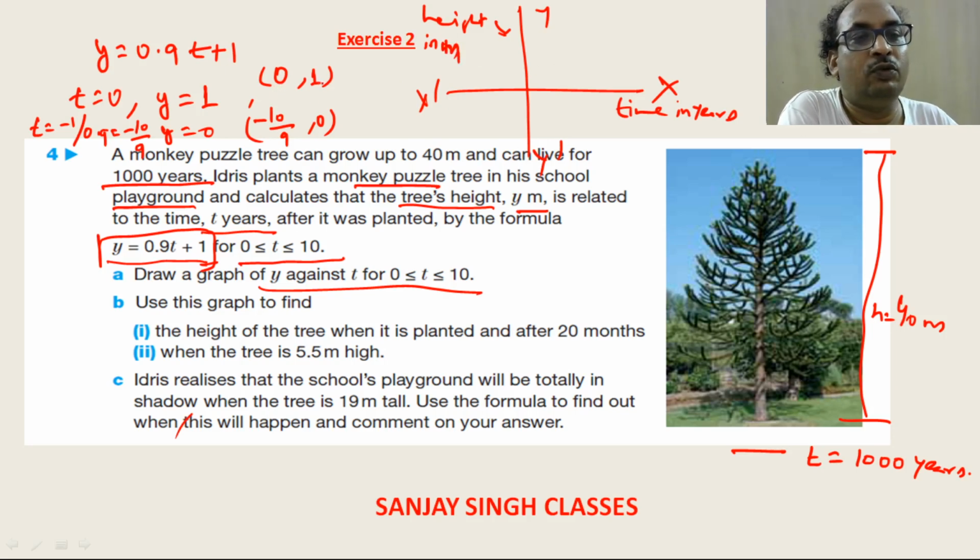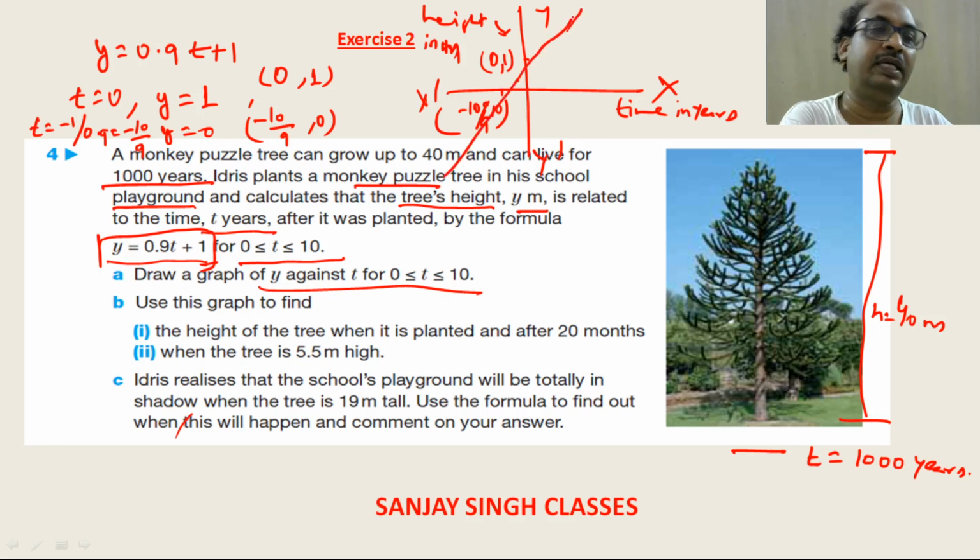So x equal to 0 and y is equal to 1 somewhere here. Okay, so 0 and 1. Similarly, minus 10 by 9 and 0. So minus 10 by 9 means 1.1 type here. Minus 10 by 9, 0, this point. So the line joining these 2 points will be the graph.